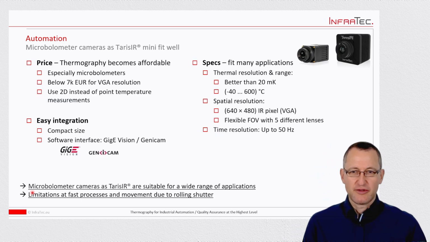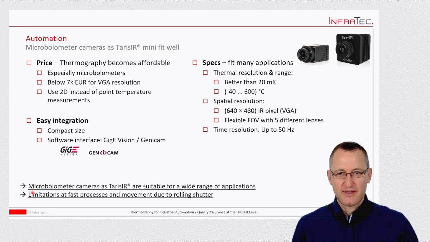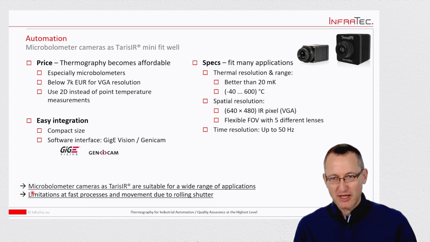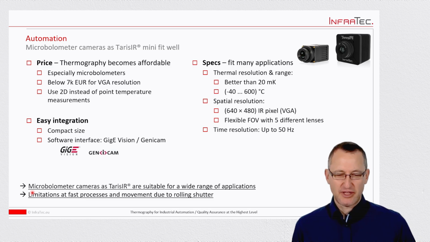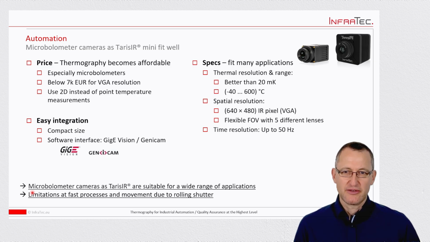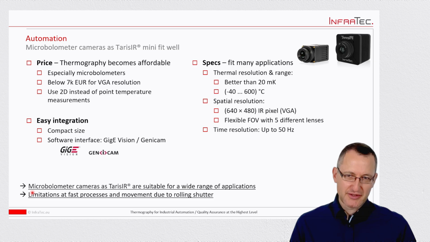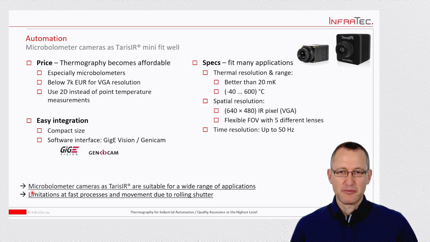So now let's have a look at the camera that fits very well for automation applications. This is our Taurus IR Mini. It fits well with the pricing, so that such kinds of cameras make thermography affordable, especially these microbolometer cameras like the Taurus IR Mini.